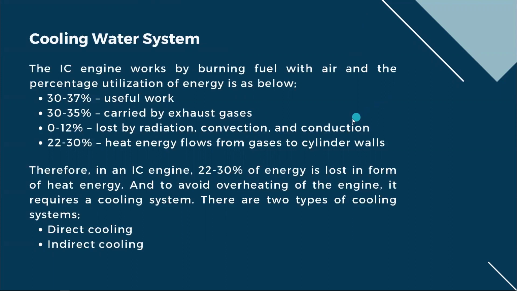Therefore, in an IC engine, 22 to 30% of energy is lost in the form of heat energy, and to avoid overheating of the engine, it requires a cooling system. There are two types of cooling systems: one is direct cooling and the other one is indirect cooling.